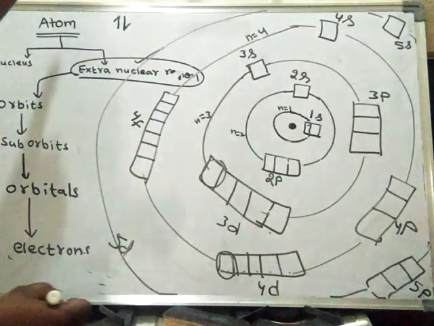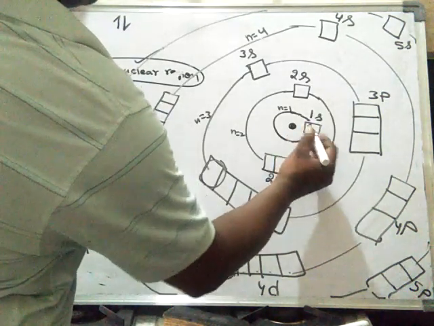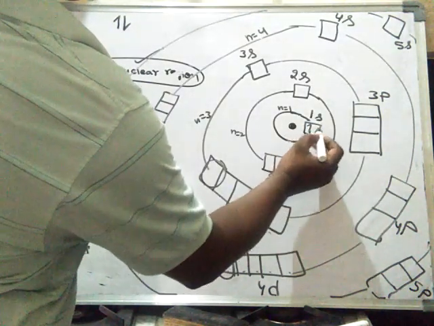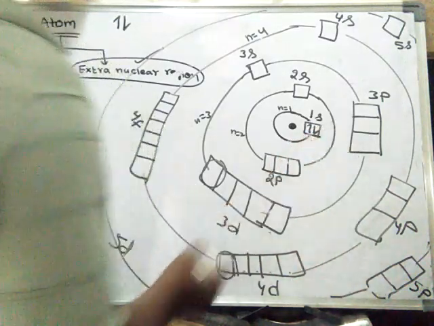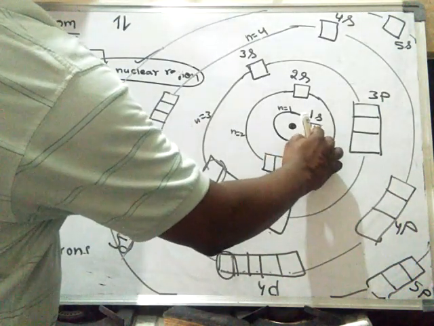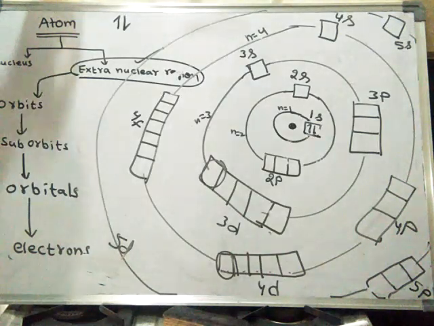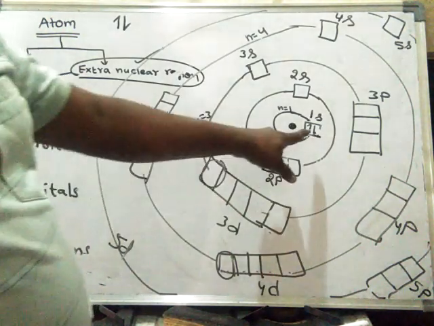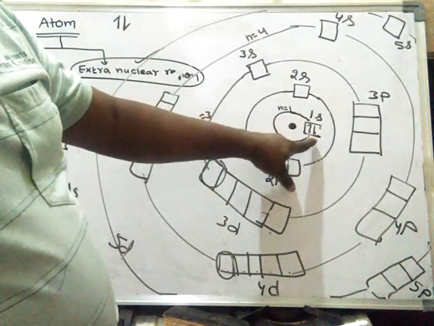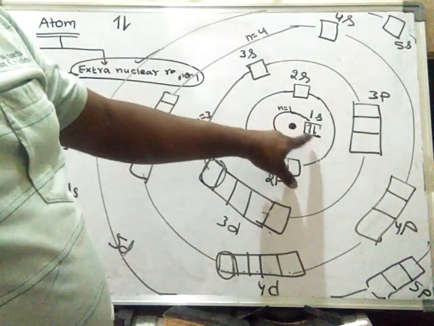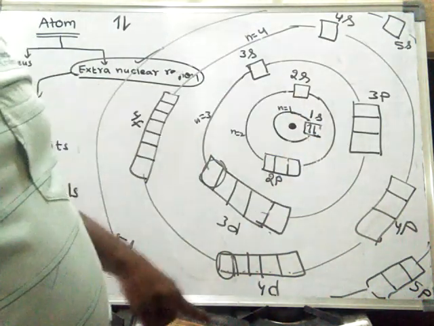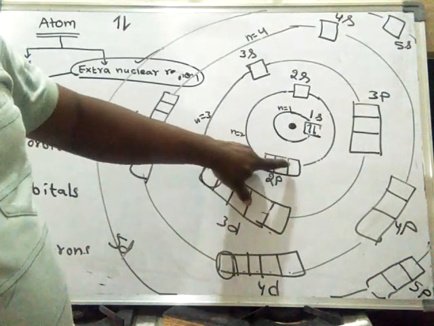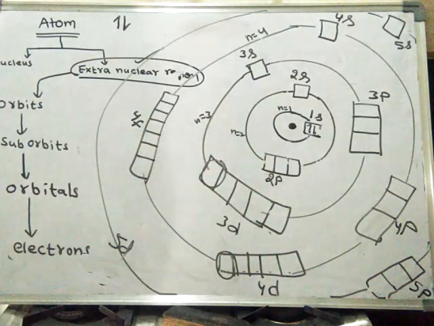So you will find only 2 electrons, one electron and another electron, present in the 1s orbital. This is called the 2s orbital, and these three are called the 2p orbitals.